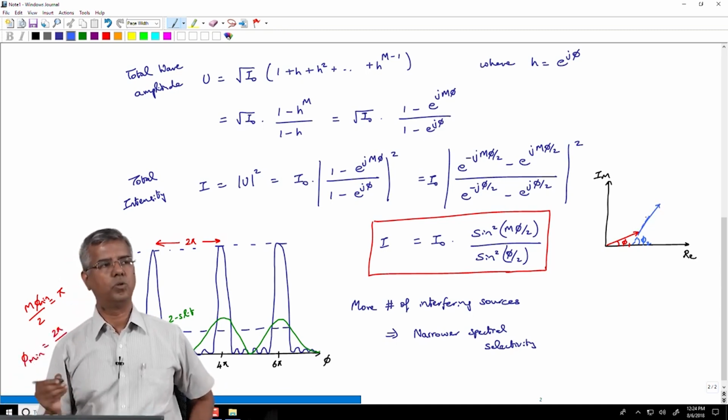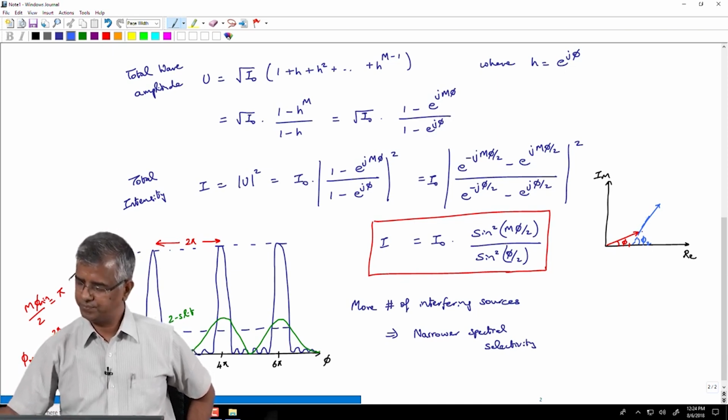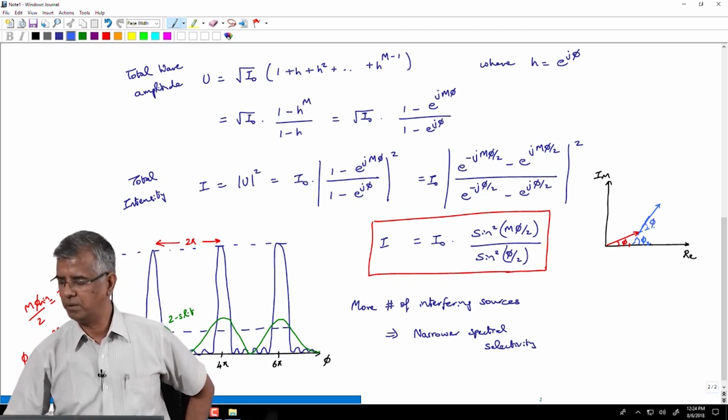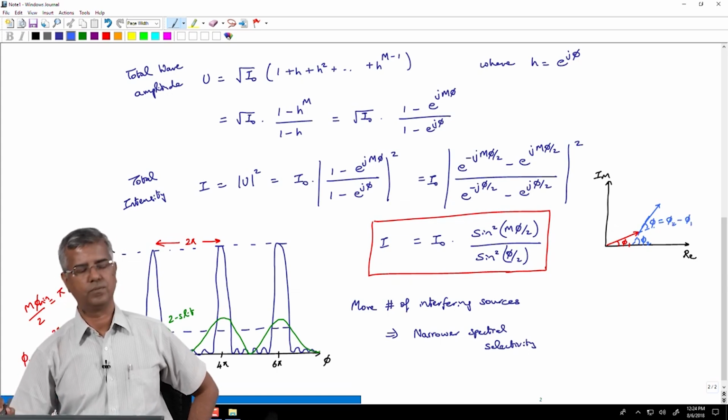Both of them are adding together. When we look at the overall, the angle with respect to the first wave would be phi, which is given by phi 2 minus phi 1. That is the phase difference, right.